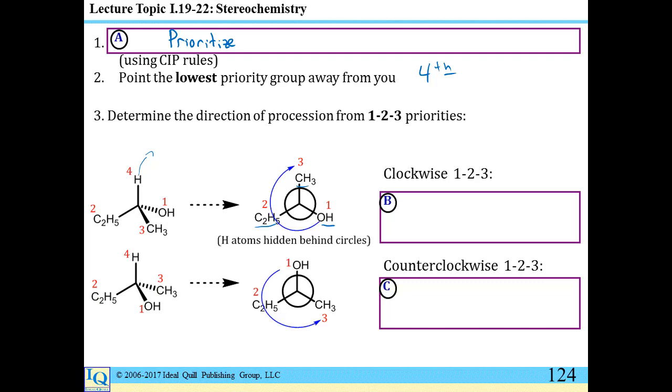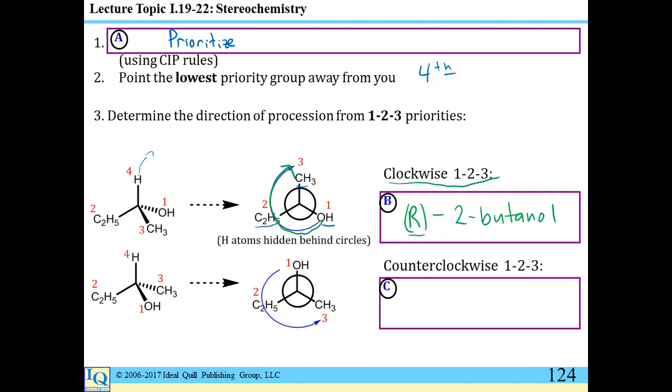This is sort of like a Newman projection where the group behind the front 3 is hidden by that circle. And our convention is to count from priority 1 to priority 2 to priority 3. If in drawing the arc from 1 to 2 to 3, when the lowest priority substituent, the 4th priority, is behind the structure, away from the viewer, if that goes in a clockwise fashion, 1 to 2 to 3, we use the R prefix to designate that configuration.